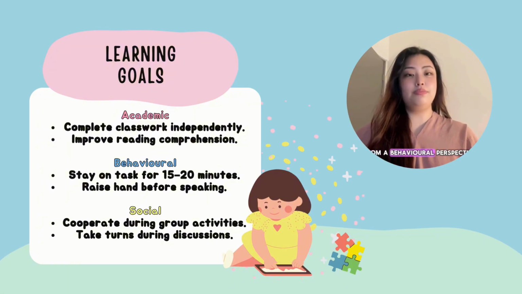From a behavioral perspective, the goal is for him to stay focused during learning activities for about 15 to 20 minutes and to practice classroom routines such as raising his hand before speaking. Socially, Adam is encouraged to work cooperatively with his classmates and take turns during discussions and group activities. These goals are realistic and achievable, allowing his progress to be monitored over time.